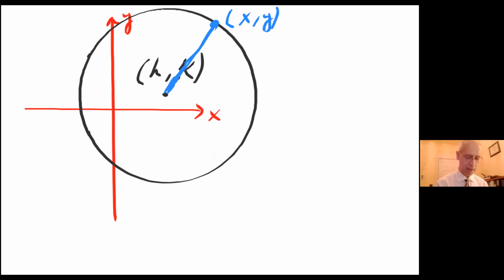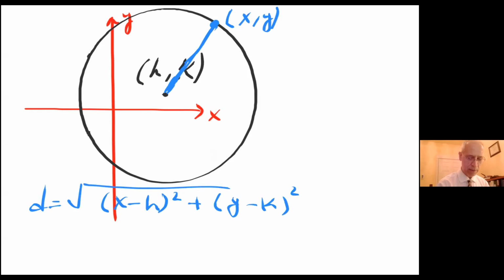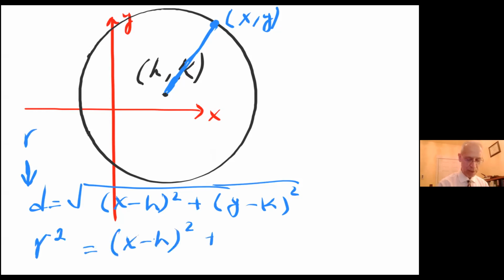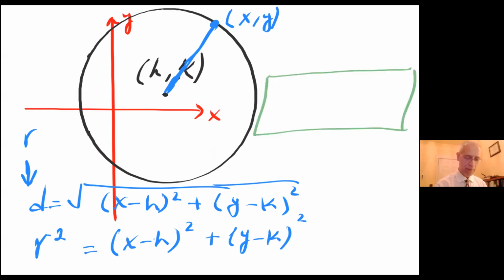Using the distance formula, I can claim that d equals the square root of (x minus h) to the second plus (y minus k) to the second. We know this distance is the same as my radius. Square both sides: r squared equals (x minus h) squared plus (y minus k) squared. Let me rearrange that to the standard form: (x minus h) to the second plus (y minus k) to the second equals r to the second.